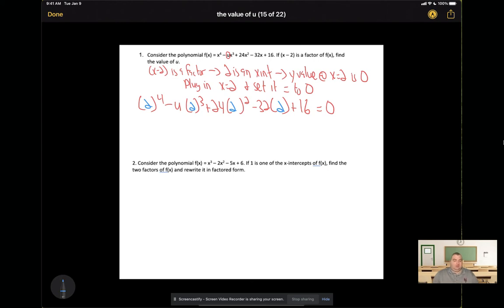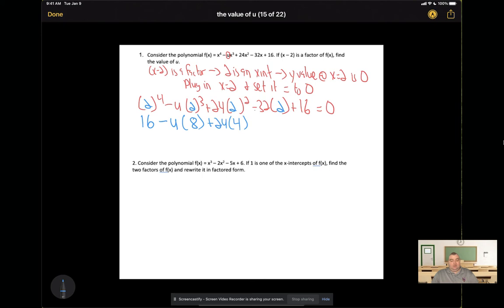So let's start over to the left here. 2 to the power of 4 is going to be 2 times 2 times 2 times 2. So 2 times 2 is 4, times 2 is 8, times 2 is 16, minus u times 2 cubed. 2 cubed is going to be 8, plus 24 times 2 squared. 2 squared is 4.